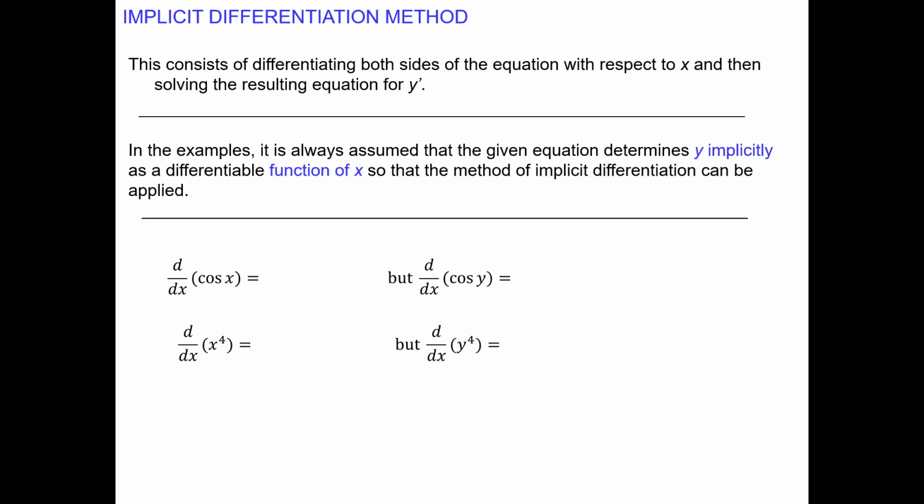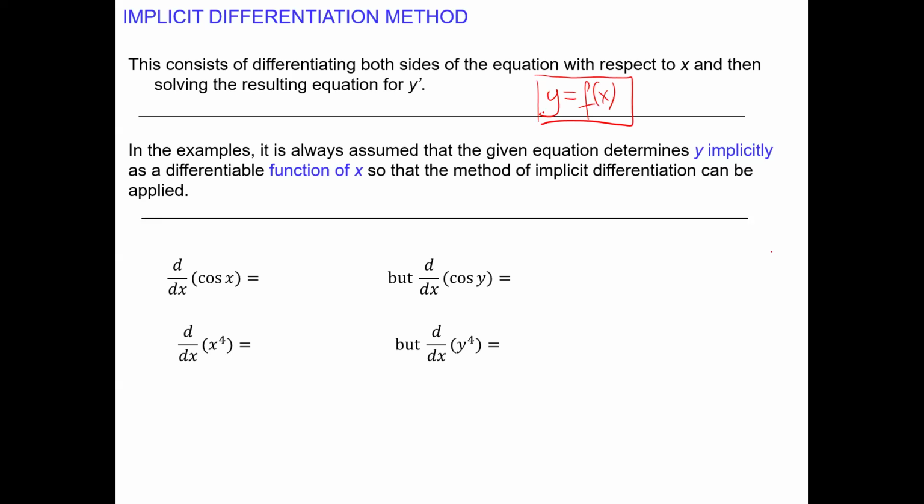But we still have to state that x is the independent variable, that's fine, but y, which we don't want to solve for, is a function which depends on x. That means y equals an expression of x, f of x.